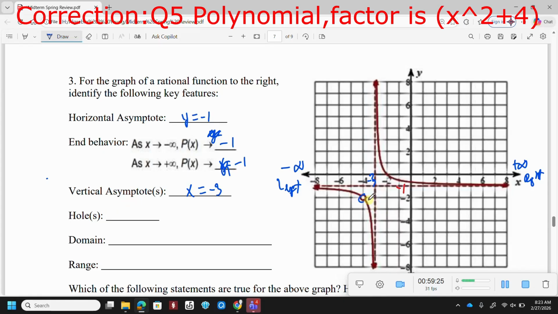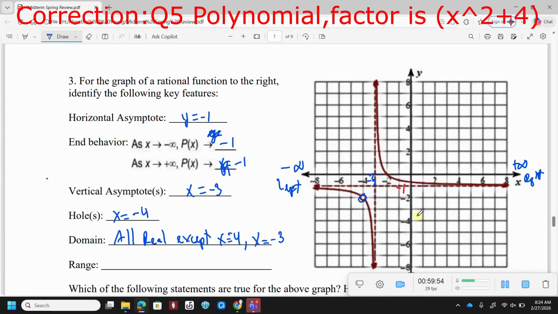Okay. The hole is right here. So what is this? x equals 4? -4? I can't see. Domain, all real but those two. So you say all real except x equals -4, which is the hole, and the vertical asymptote x equals -3. So the hole and the vertical asymptote need to be taken away.